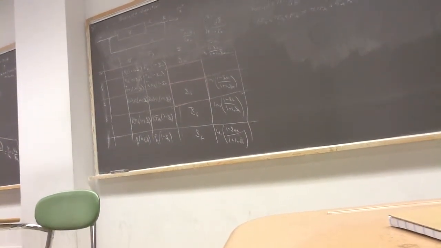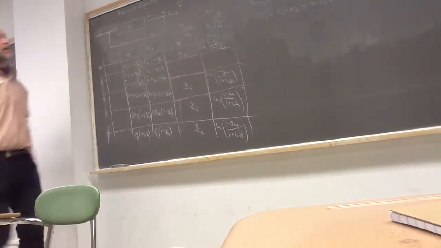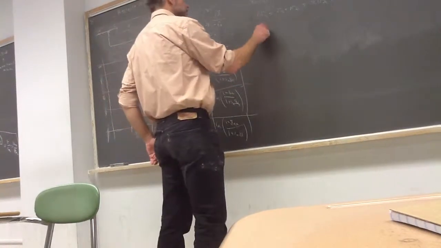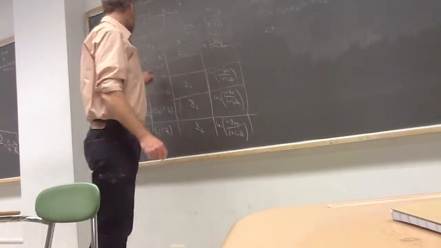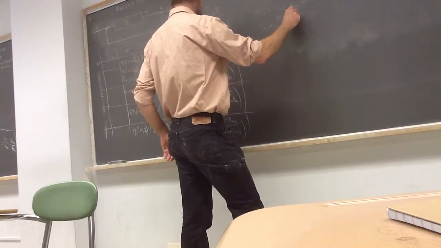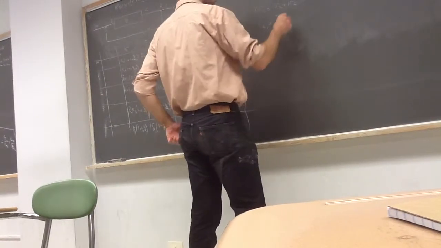And now I'm ready to get CA. How do I get CA? Well, CA is FA over V. So CA1 is FA1. I can factor out an FA0, since it's in both of these terms.